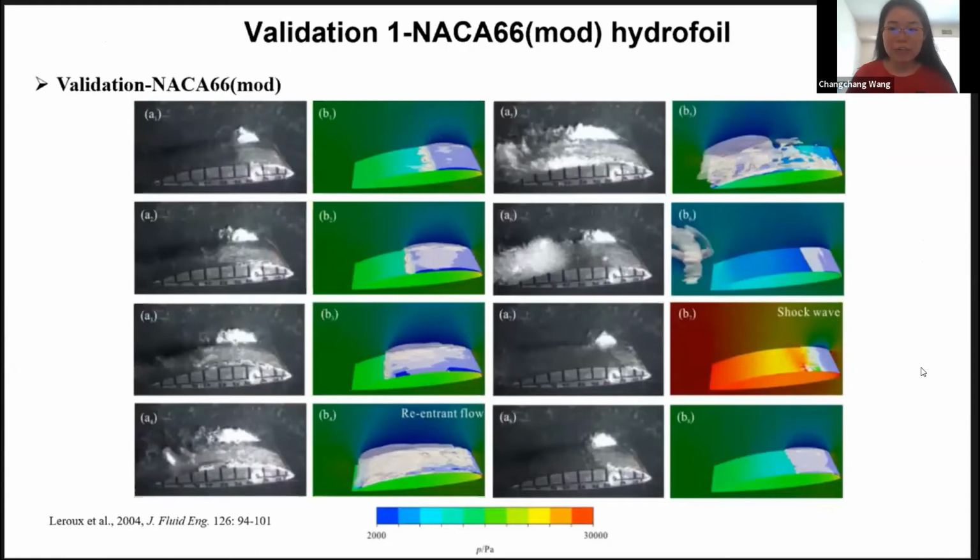The periodic behaviors of cavity structures were predicted, especially in the process of the attached cavity growth, there is a re-entrant jet development and the cavity breakup due to the complex cavity dynamics. There is a difference in the cavity size and the cavity shedding structures. However, after the large-scale cavity collapse, agreement with experiments is observed, especially the shockwave generation and the sheet cavity shortening phenomenon.